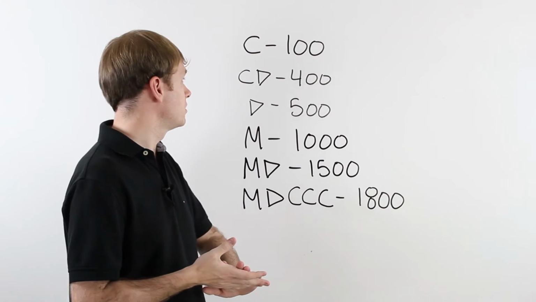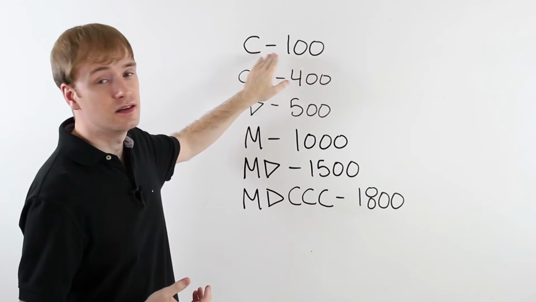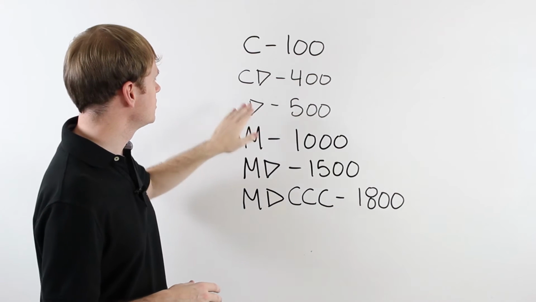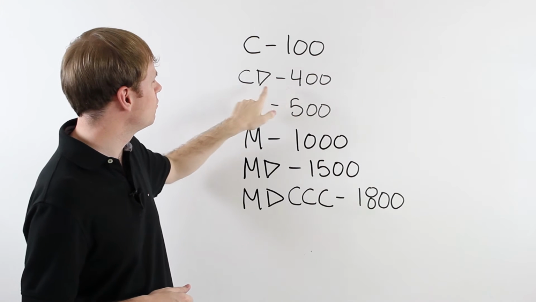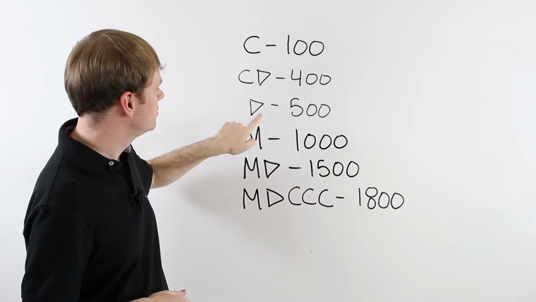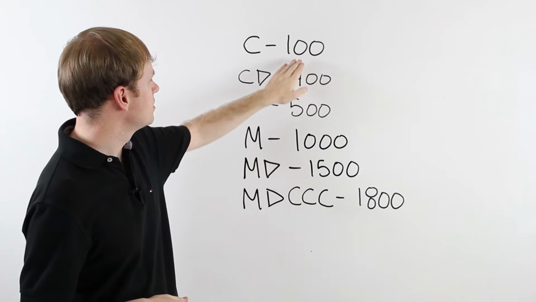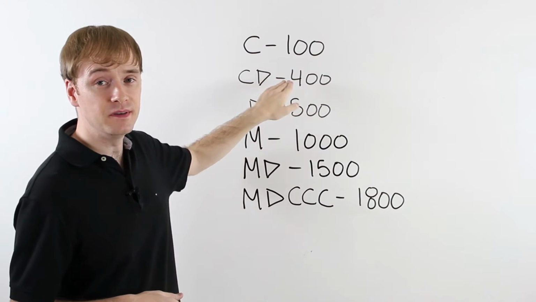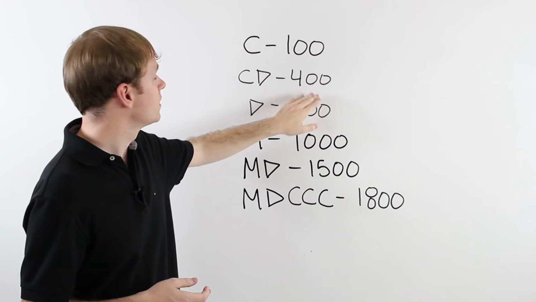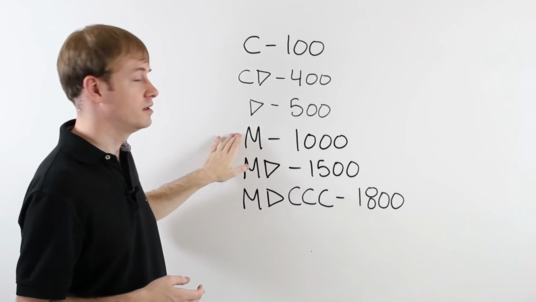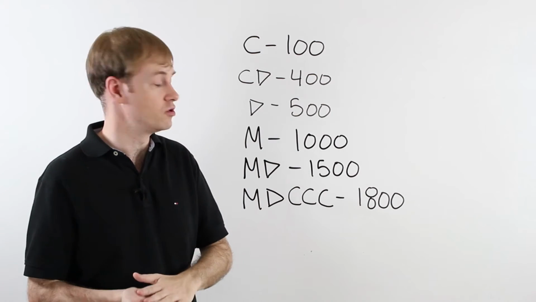Okay, so here are some bigger Roman numerals. Now we know C is 100. Let's go to this one, CD. CD is 400. Well, what is D? D is 500. So CD means 100 before 500. So that is 400. 500. M. M is the last letter we use in Roman numerals.